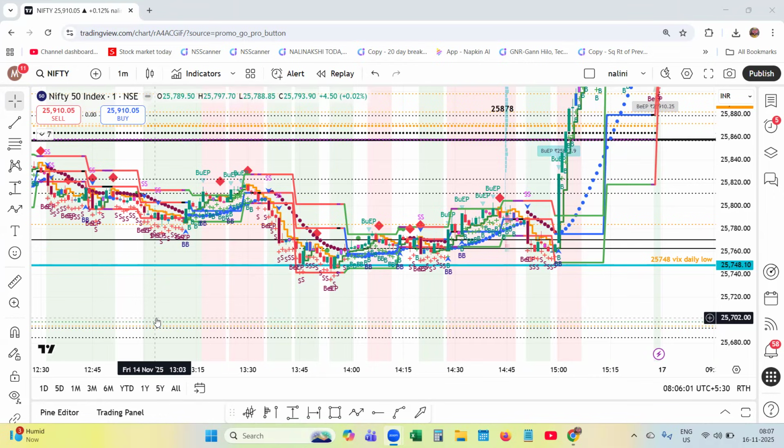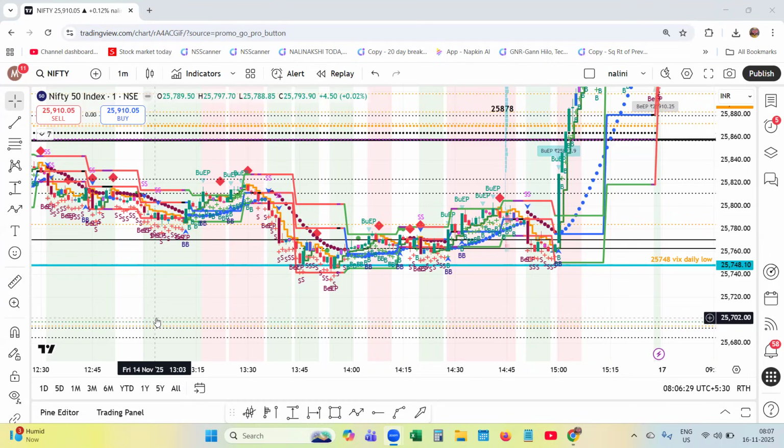The moment price touched an EP support, I could instantly recognize this is the level where the reversal is going to begin. And when the price hit an EP resistance, that instant alert told me this is where the rejection will come. Be ready.